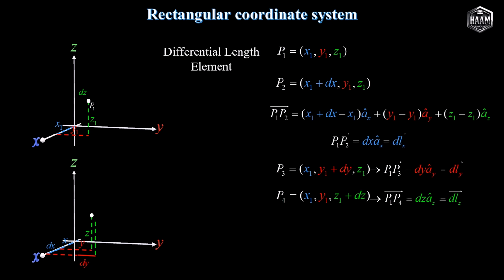In this case, the displacement is a vector obtained from the coordinates of the endpoint minus those of the starting point, equal to dx times a hat sub x plus dy times a hat sub y plus dz times a hat sub z. This is equal to dl sub x plus dl sub y plus dl sub z. In this way, the general differential length element of the rectangular coordinate system is obtained.